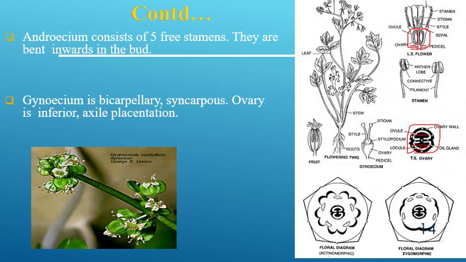Thus, the compound ovary becomes multilocular or bilocular, and the marginal placenta of all the carpels fuse in the center to form a central axis, and the ovules are attached on this central axis.